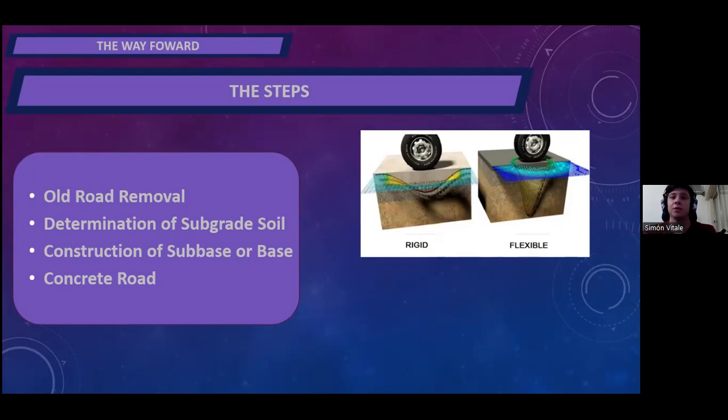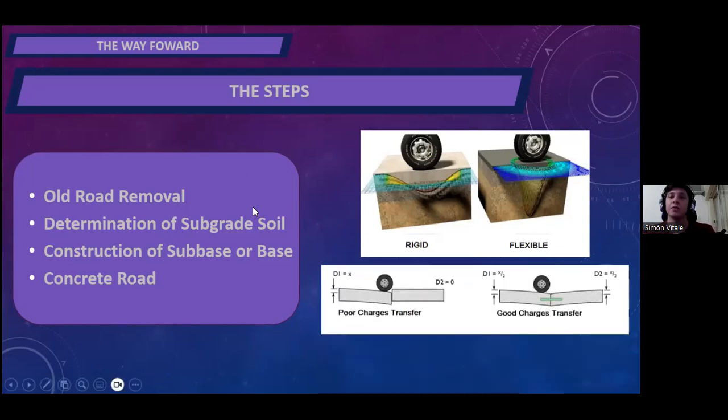Also, there are pins in the lateral parts of this concrete road, which makes the load transfer better.